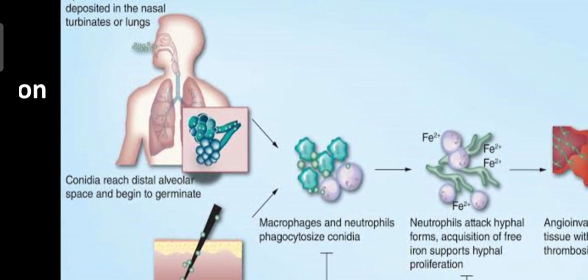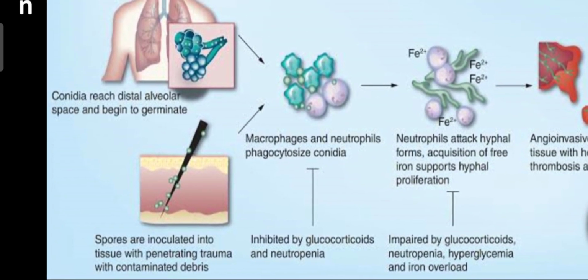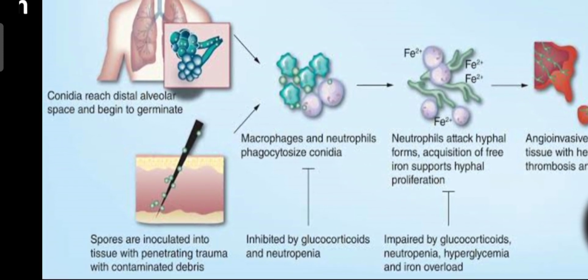So if the patient is immunocompromised, this particular spore form will germinate into the hyphal form. You can see it germinates into the hyphal form, because we are giving glucocorticoids, which suppress the immunity, and also because the patient is suffering from neutropenia, that is a decreased number of neutrophils.